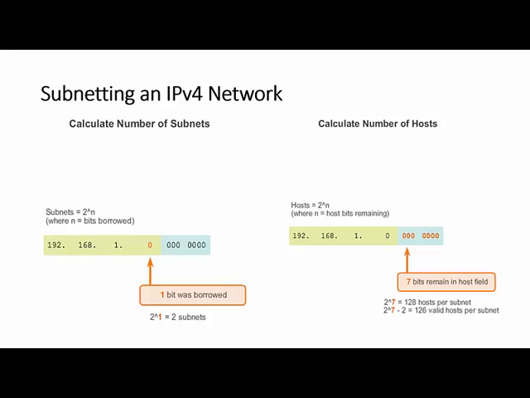So 2 to the power of 7 is 128. 128 minus 2 is 126. So there are 126 available hosts per subnet. This means that each of the subnets has 126 valid host addresses. Remember that bits can only be borrowed from the host portion of the address. The network portion of the address is allocated by the service provider and cannot be changed.